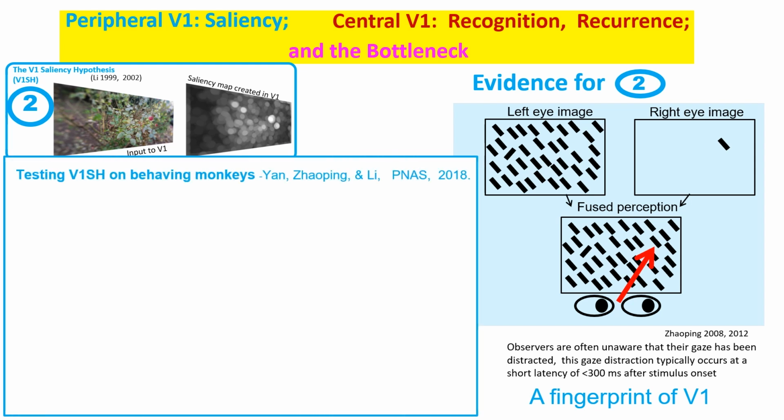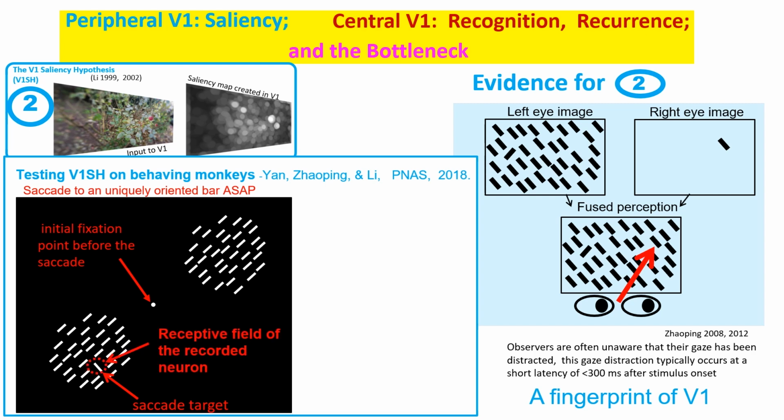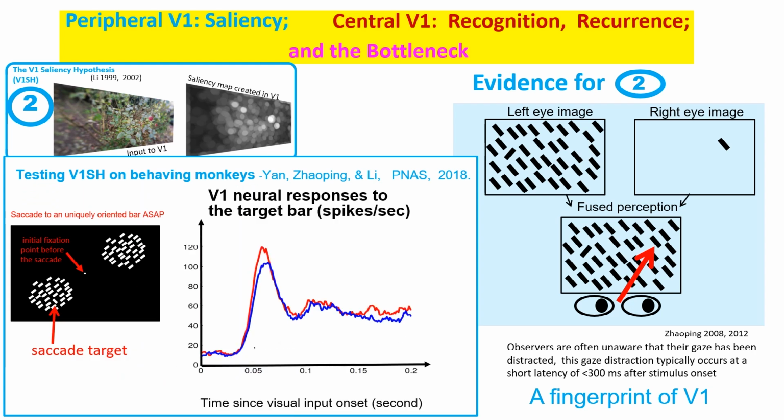Another evidence comes from an experiment in which a monkey tries to find a uniquely tilted bar to saccade to as quickly as possible. Meanwhile, we record from V1 neurons responding to the target bar. This plots the neural responses versus the time since the bars appear before the monkey makes the saccade.